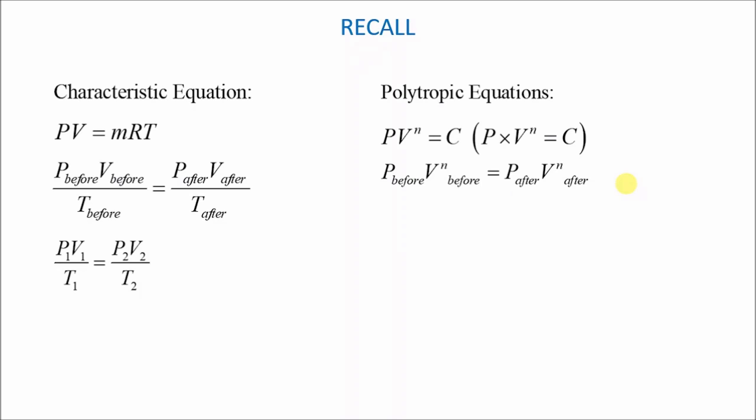Then the polytropic equation can be written like this: P1 V1 to the power of N will be equal to P2 V2 to the power of N. But for you to be able to use this equation, you have to be told in the question that the process was polytropic between state 1 and state 2.